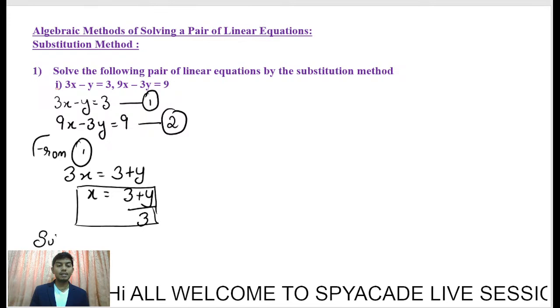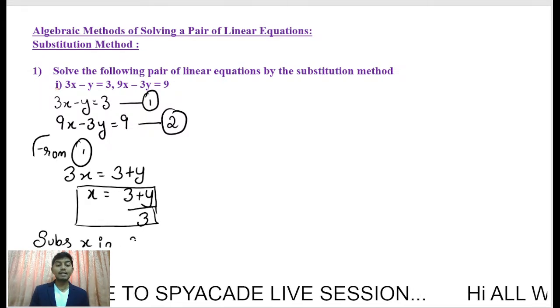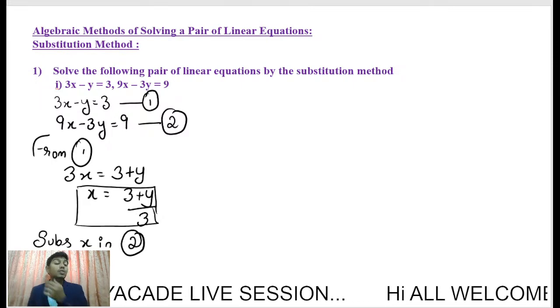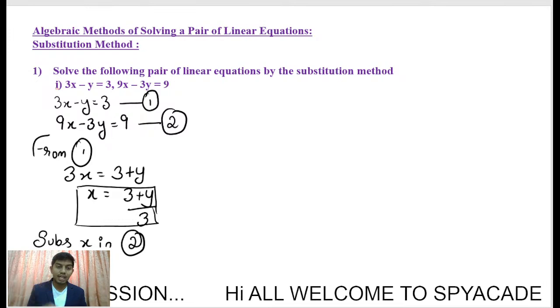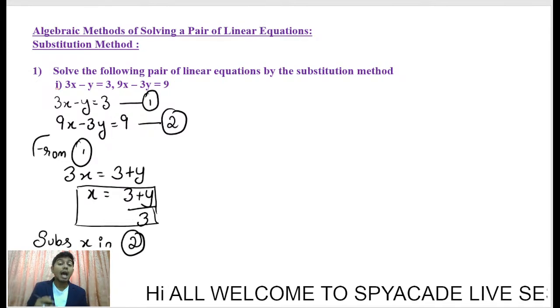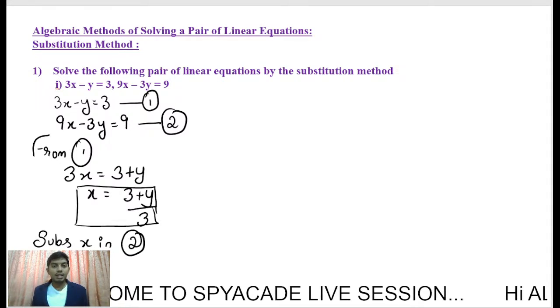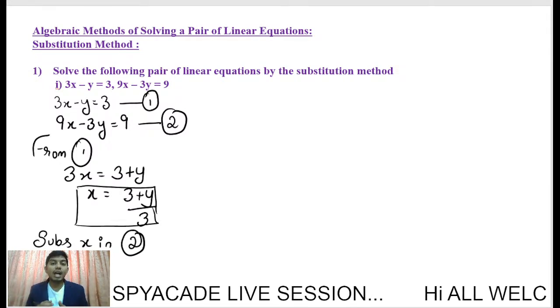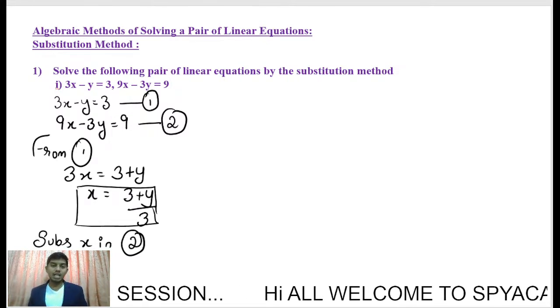Now what you do is substitute x in the second equation. This is what you have to understand very clearly. We found the value of x from the first equation and we have to substitute that in the second equation. Is it clear? In case you found some value from the second equation, then you have to substitute that in the first equation.